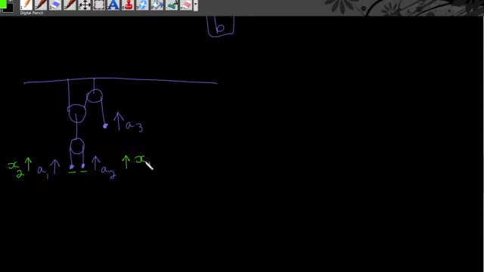Technically it's y sub 1, y sub 2 since it's vertical, but oh well. To keep the string from being compressed, the entire pulley would actually have to move up by the average of those two, x sub 1 plus x sub 2 over 2.